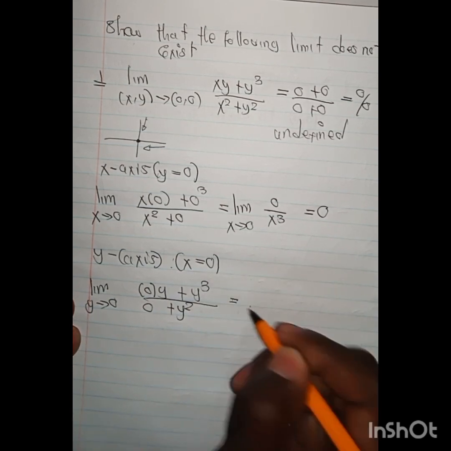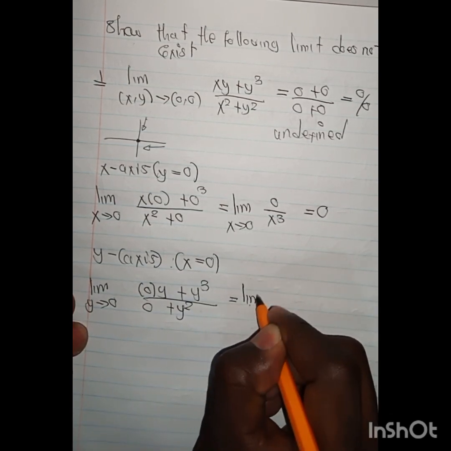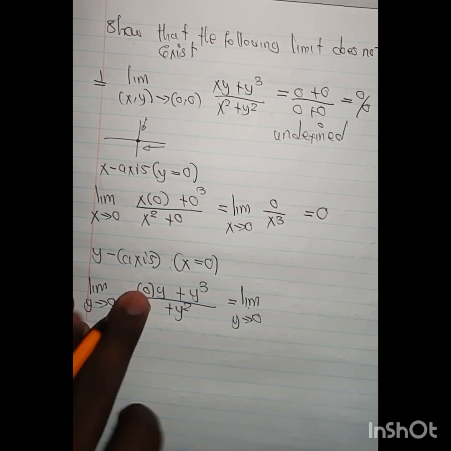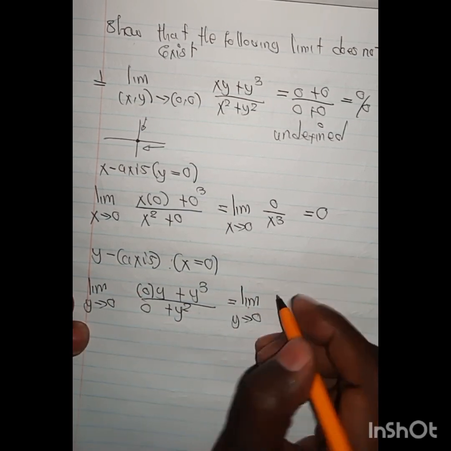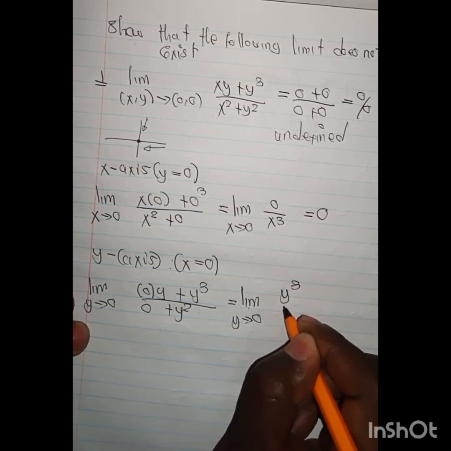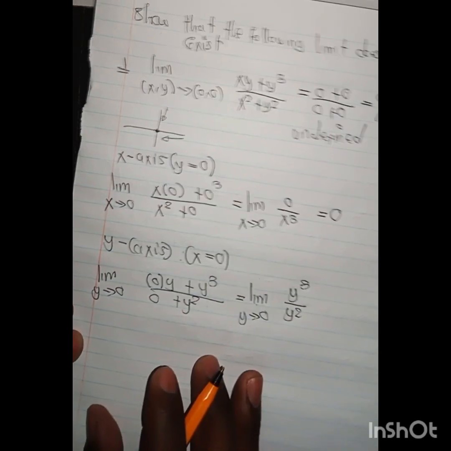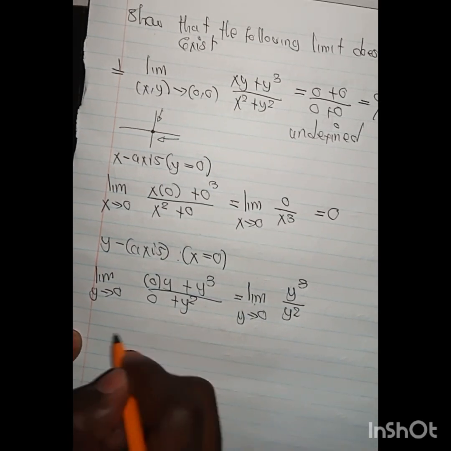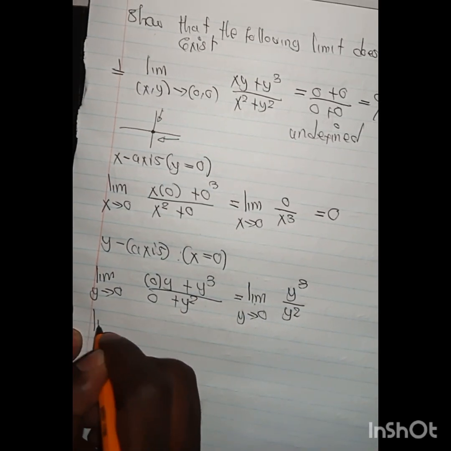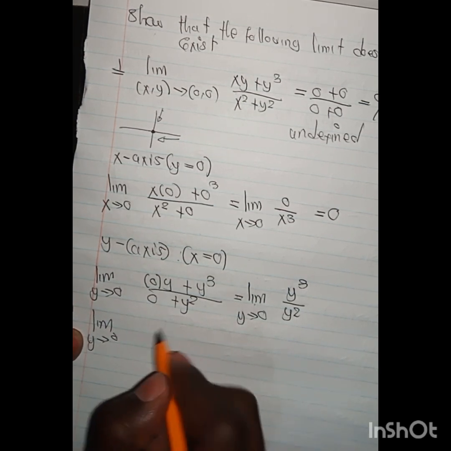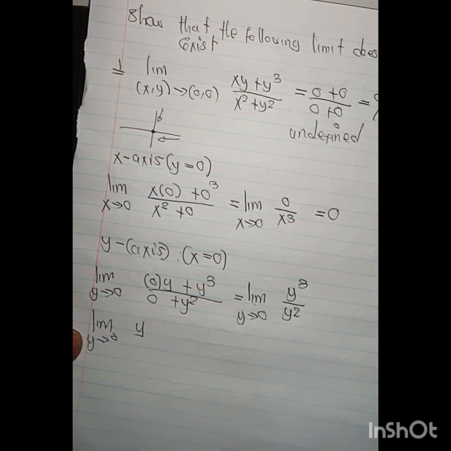This is the same as the limit as y approaches 0 of 0 times y, which is just 0, so we have y cubed over y squared. This can be simplified further: the limit as y approaches 0 of y.